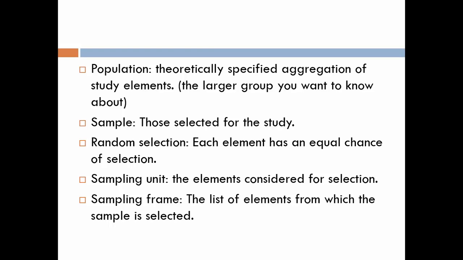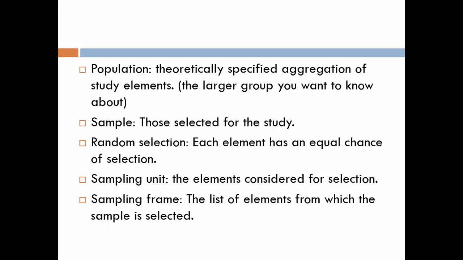Okay, so here are some terms. Population, we talked about this in the other video. That's the larger group that we want to know something about. Okay? So the theoretical specified aggregation of study elements. And when we say elements in here, for our purposes, we mean people. So that's our 1,000 youth who live in group homes in California. That's our population.